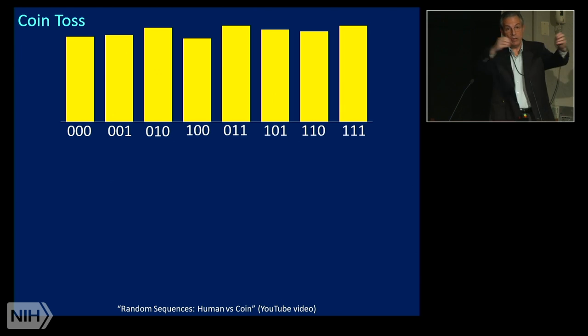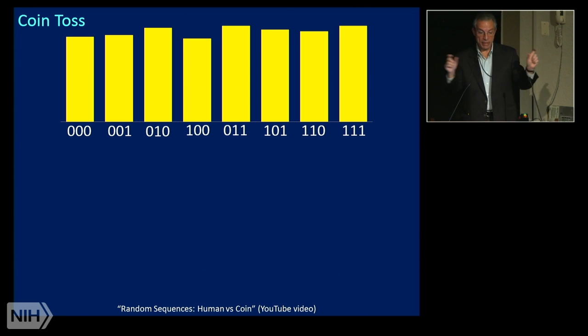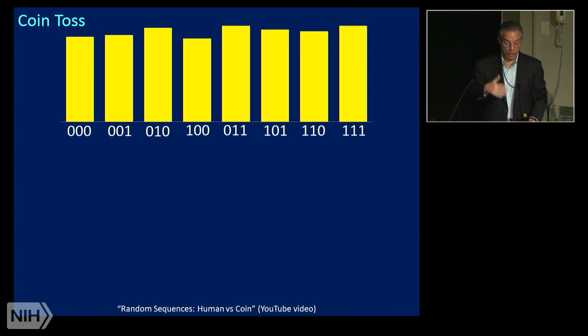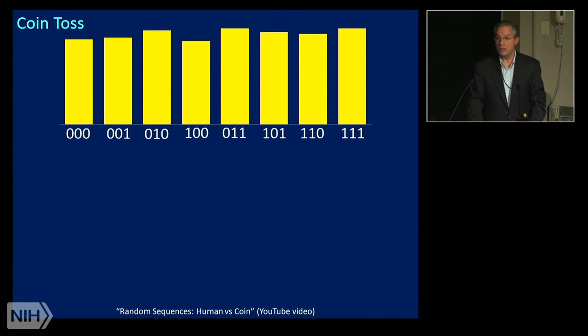I'm taking your list three at a time, and plotting how many you got of each. These are all the possibilities. If you're really tossing a coin, this is how it looks. They're all equal. There's no reason why one is going to be more frequent than the other.